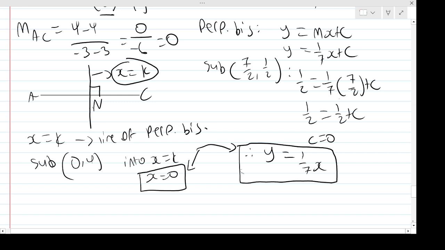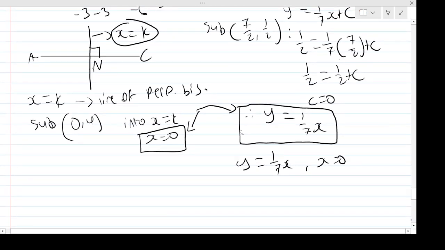Because all bisectors must pass through the centre, which will be the same point. So then we solve them simultaneously. So y is the 7th x, but also x is 0. When x is 0, therefore y is the 7th of 0. So it's 0.